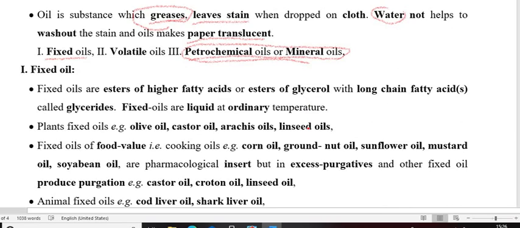Regarding fixed oil, usually when you mix fixed oil with alkali, it forms soap.